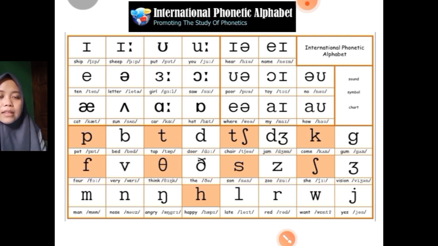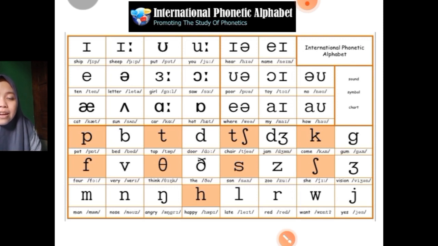And then is a long vowel, and the word for it is girl. After that is a long vowel, and the word for it is so. Then is a short vowel, and the word for it is cat.